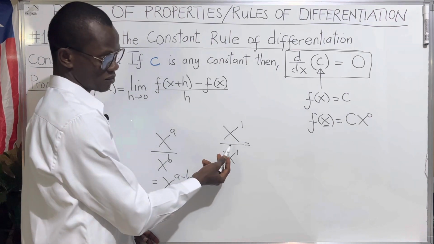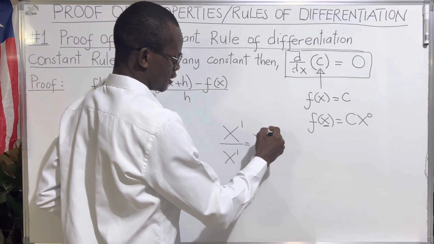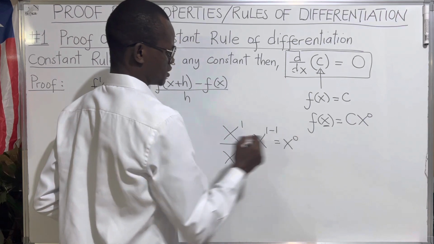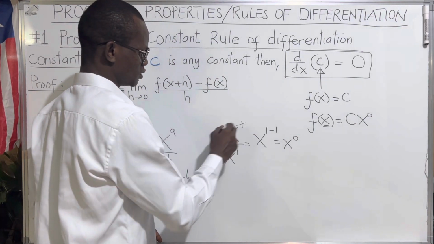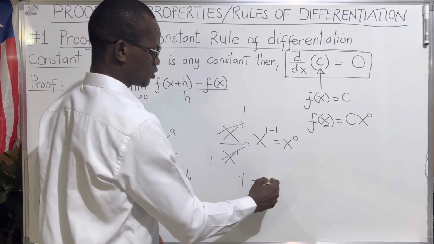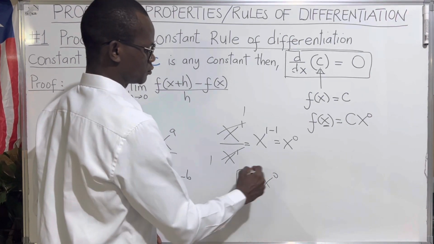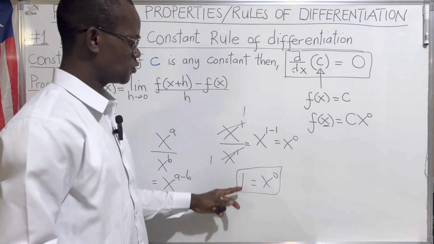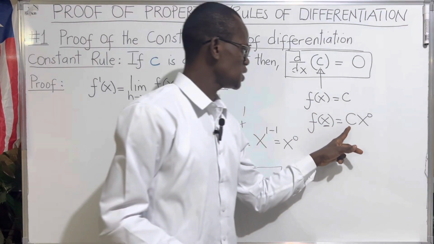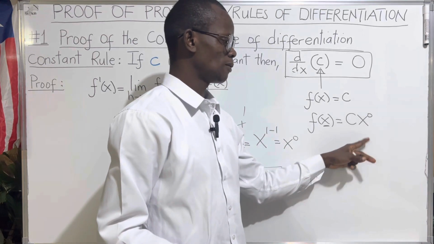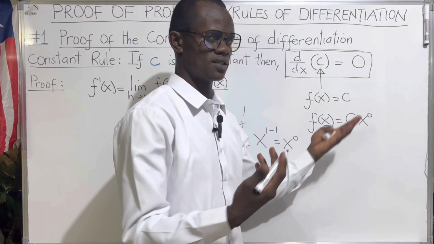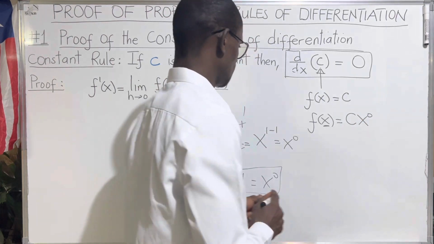So we apply that property here: 1 minus 1, which is x raised to the power 0. And x to the 1 divided by x to the 1 is just 1, so 1 equals x raised to the power 0. So it's proving that x raised to the power 0 is equal to 1. So c times x raised to the power 0 is nothing more than just c, the constant c, right?